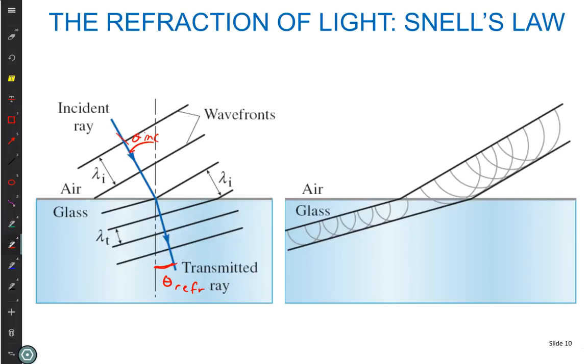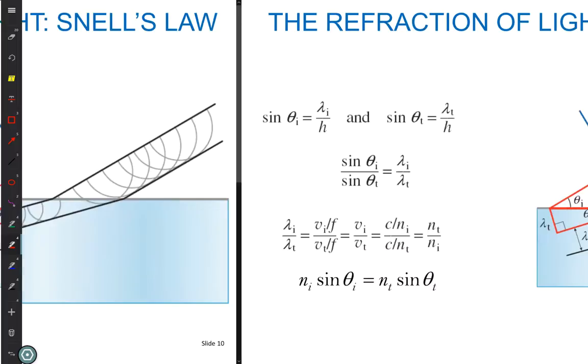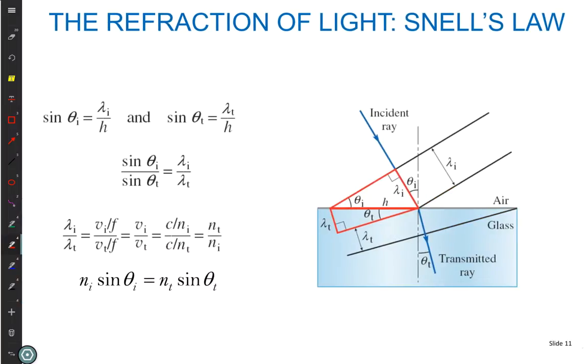Now, I'm not going to do the derivation for Snell's Law. Snell's Law is the law that tells us about these, and you can derive it both the way we're going to do in class a week from tomorrow with calculus, or you can do it with geometry here, just saying, okay, I have triangles I can compare.